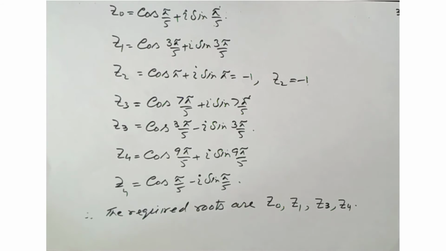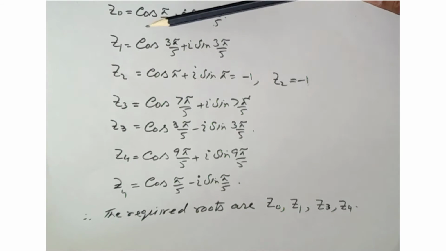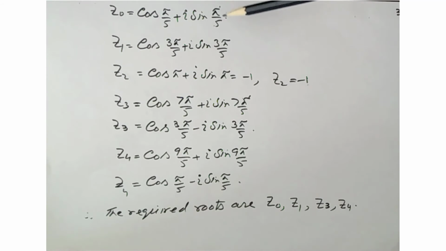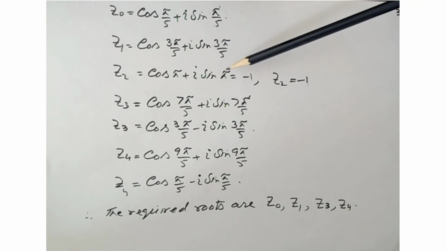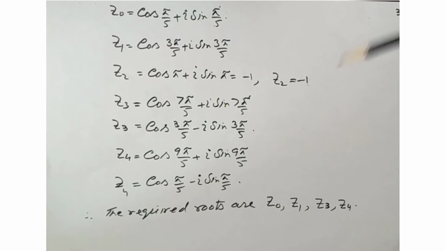Now by putting k equal to 0, we get z0 equal to cos pi by 5 plus iota sin pi by 5. For k equal to 1, z1 equal to cos 3 pi by 5 plus iota sin 3 pi by 5. For k equal to 2, cos pi plus iota sin pi, this is equal to minus 1.